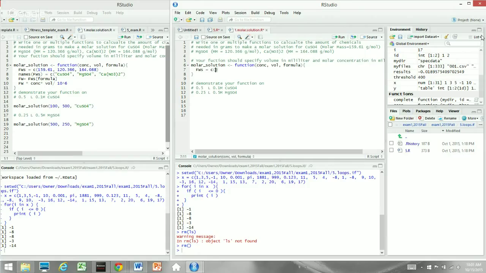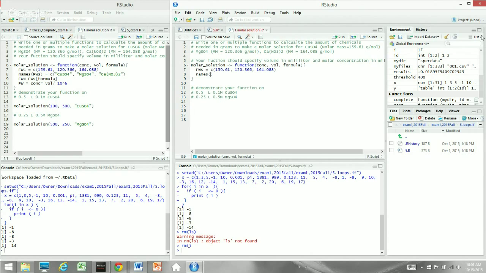It gives us that the molar mass for copper sulfate is 159.61 grams per mole, that magnesium sulfate weighs 120.366 grams per mole, and that calcium nitrate weighs 164.088 grams per mole. And then we're going to name these to keep everything in order.